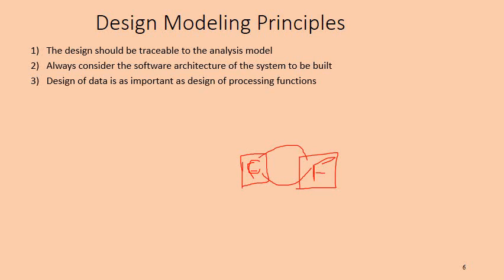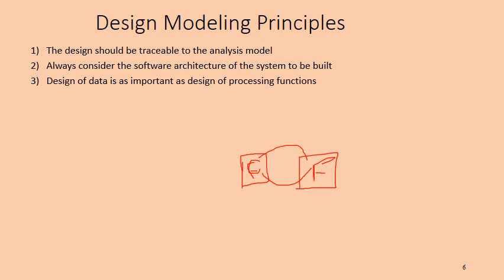Why are we saying this? See, the manner in which the data objects are realized within the design, you have to specify each and everything, how that data is going to be used. Not only the function design is important. Function means, suppose you have simply written that my system is going to perform the billing operation. But how will that data go? What is the type of that data? From which function will you pass the data?